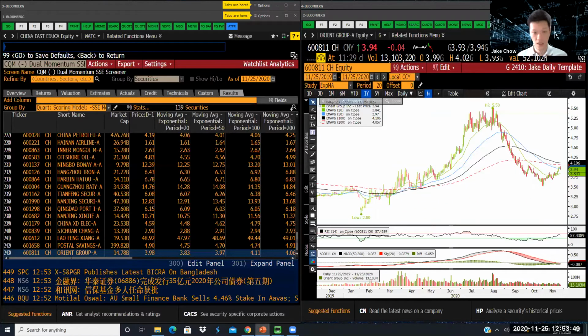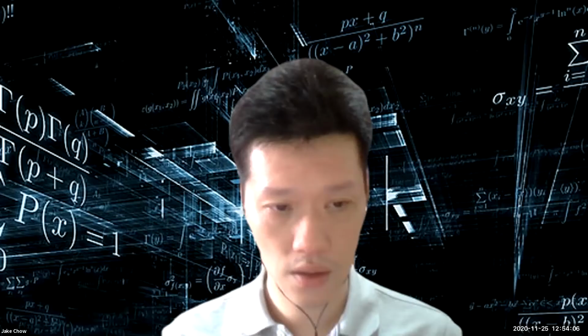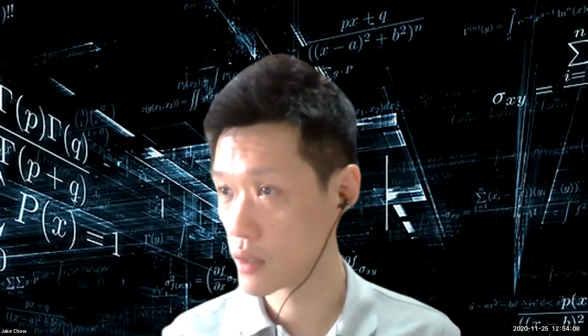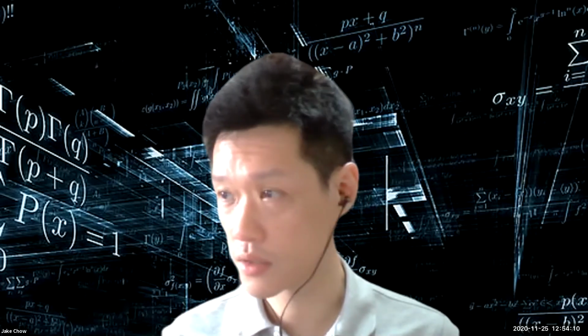And of course, I believe not everyone has access to Bloomberg, right? So that's the reason why we export all these results into the Excel spreadsheet that you receive every week. Let me just change this.